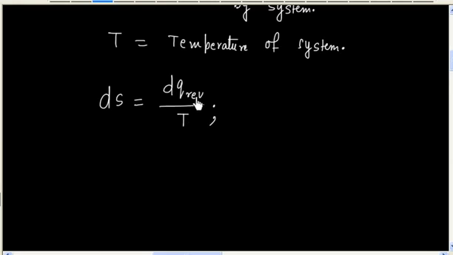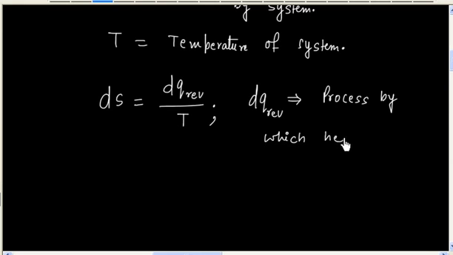Reversible means the process by which the heat is given to the system is a reversible process.